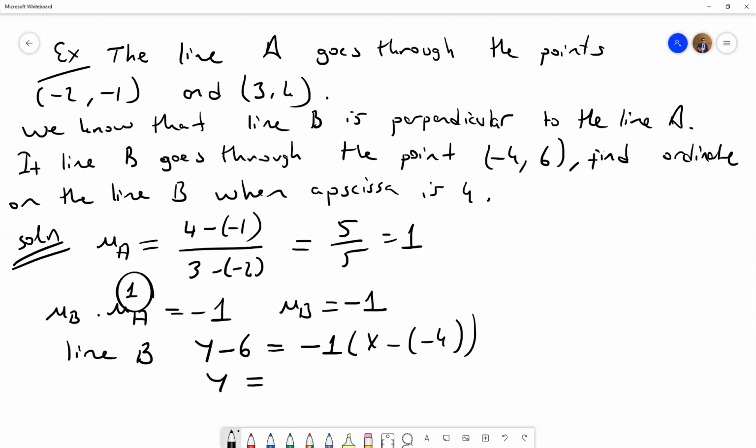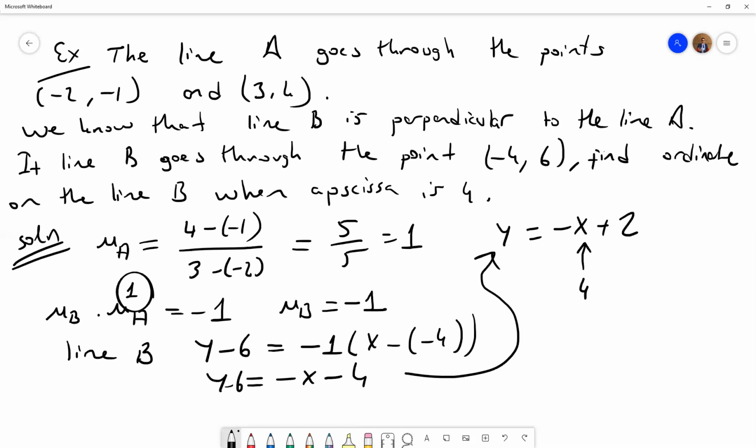It is minus (x plus 4), and finally y is equal to minus x plus 2. So the last question is: find the ordinate on line B when the abscissa is 4. We know that the abscissa is 4, and let's find the ordinate. It is -2. Yeah, this is the answer of this question.